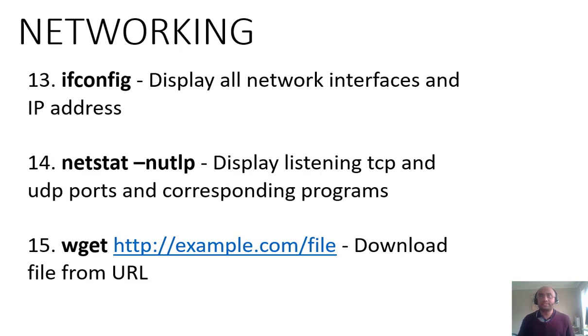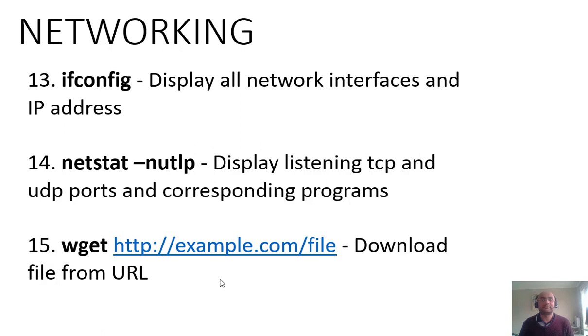Alright, now we will see the networking commands. Firstly there's ifconfig. This will basically display all the network interfaces attached to it. The other one is netstat. The netstat command is basically used to check what programs are connected and listening on different ports corresponding to each program.